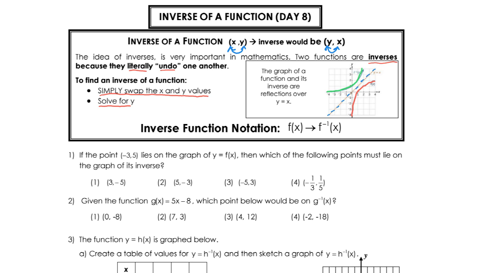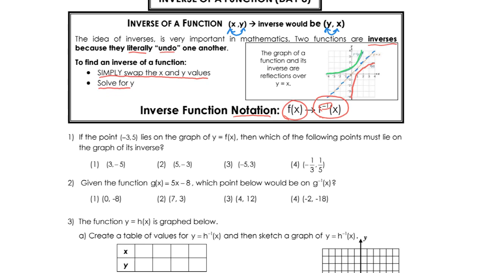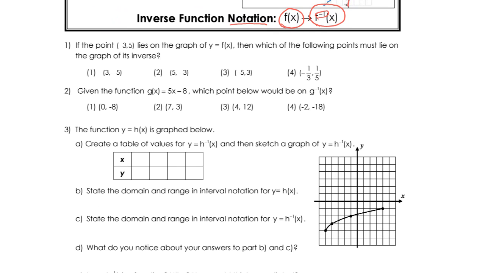Inverse notation: this is what we're used to, f of x, but its inverse would be written as that. We've seen this little -1 when we did sine and cosine and tangent with the little -1 when we were solving for an angle back in geometry. So we're going to head down and see what these questions are asking us about inverses.